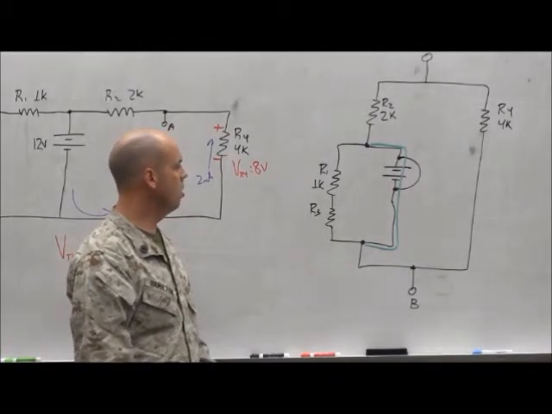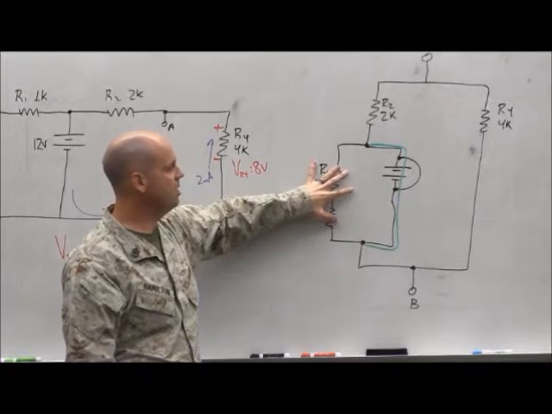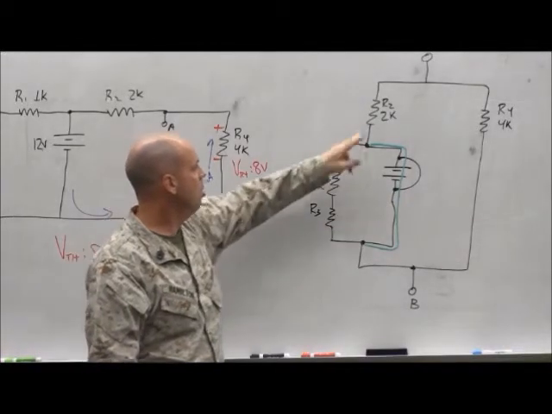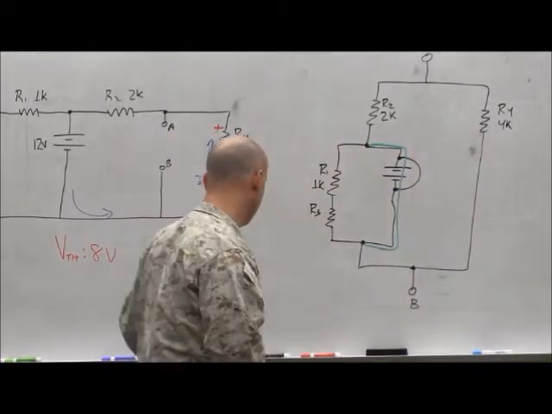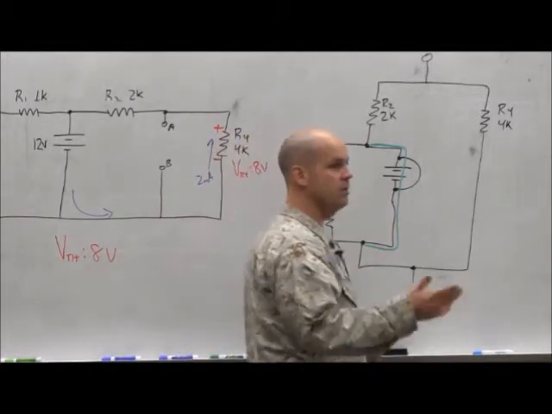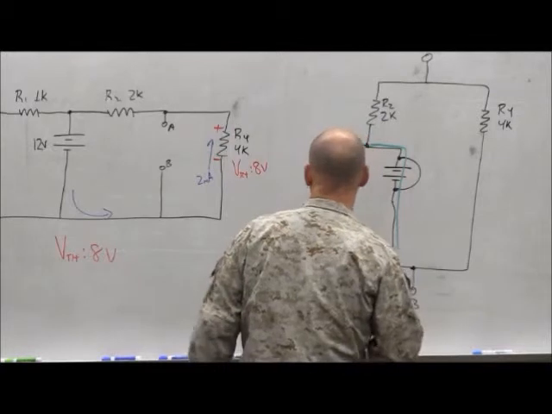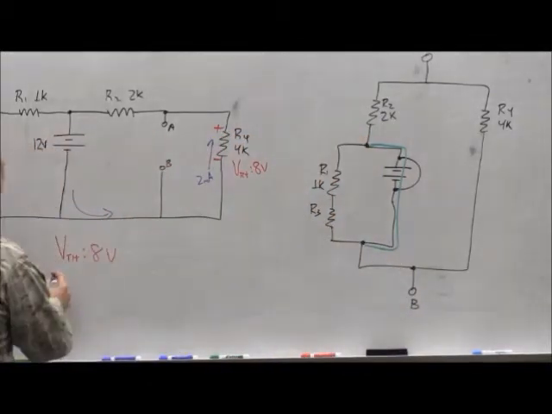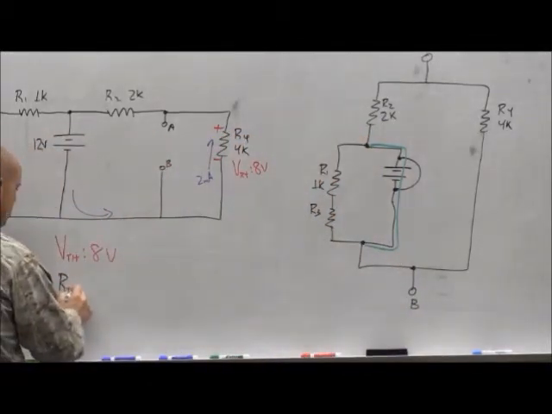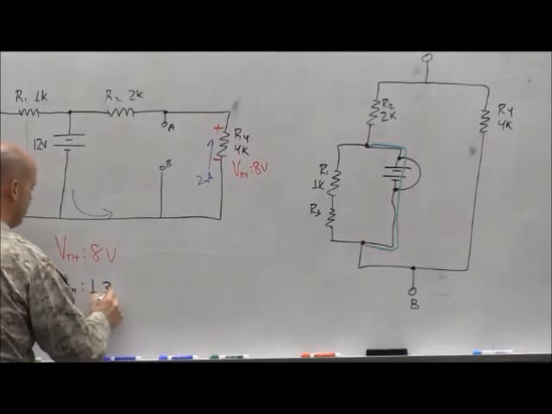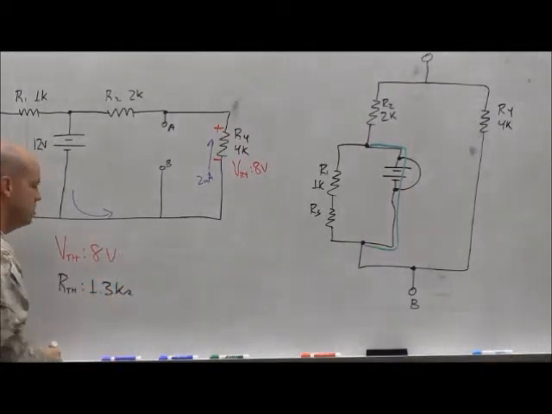Okay? Therefore, this resistance value will be ignored, and you'll be left with R2 in parallel with R4, which we said was what? You just figured it out? 1.3K. So our resistance Thevenin, 1.3K ohms.